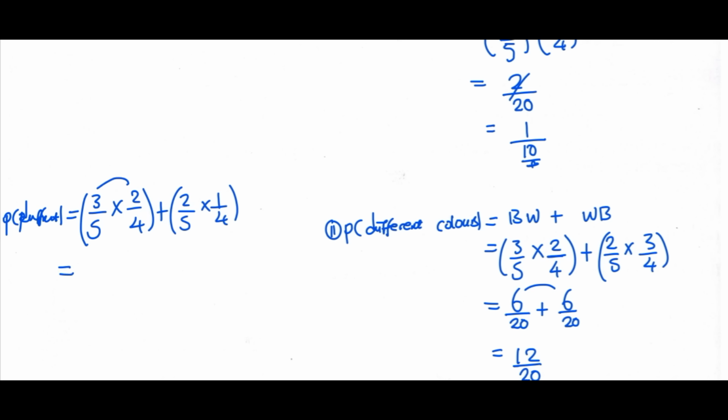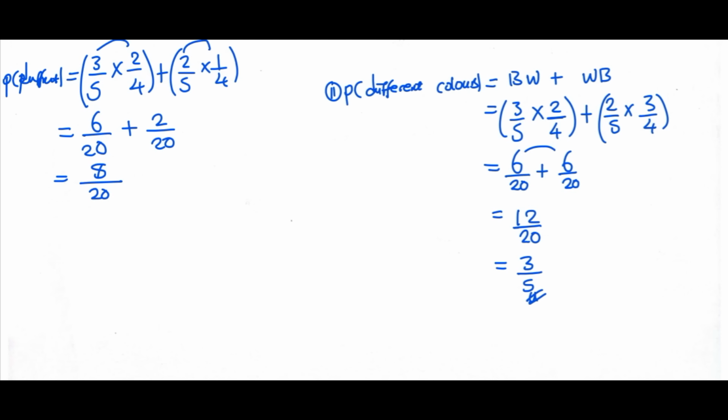So here we have 6 over 20 plus 2 over 20. Then 6 plus 2 will give us 8 over 20. So 4 into 8 will give us 2, and 4 into 20 will give us 5.